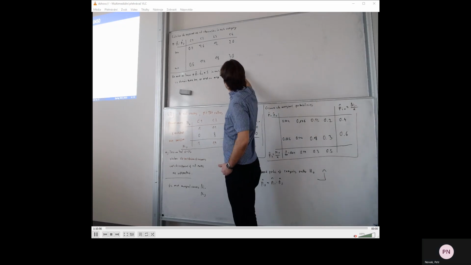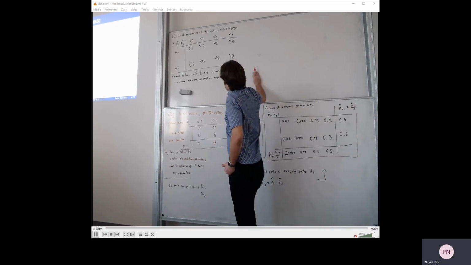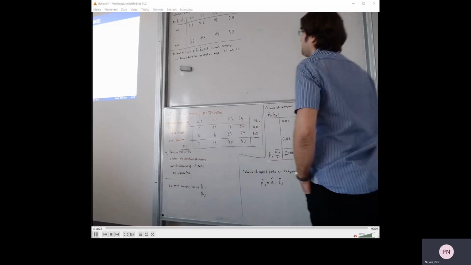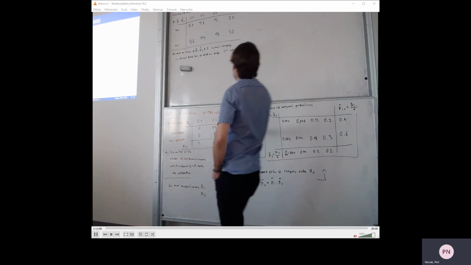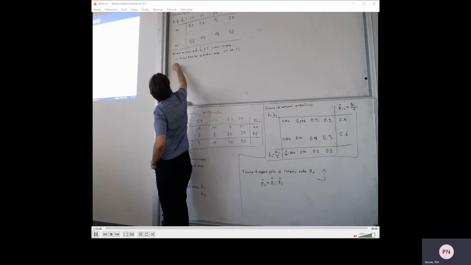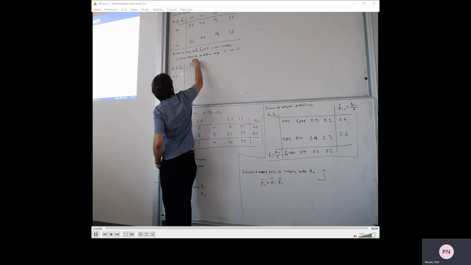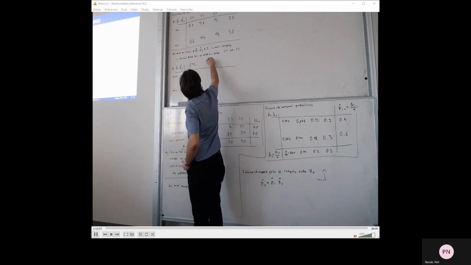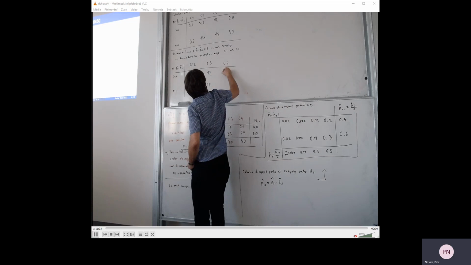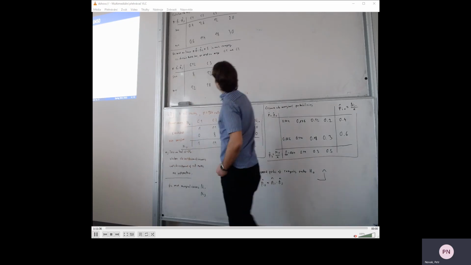We need to merge C1 with one of the others, and it's most simple to merge it with C2. So we get a simplified table, giving us 8 here, 12 here, 12, 18, and 20, and 30.